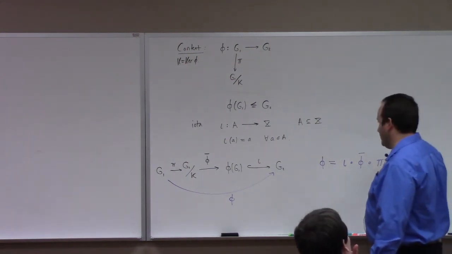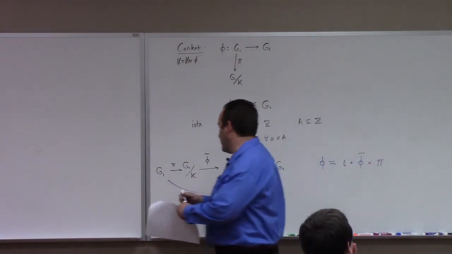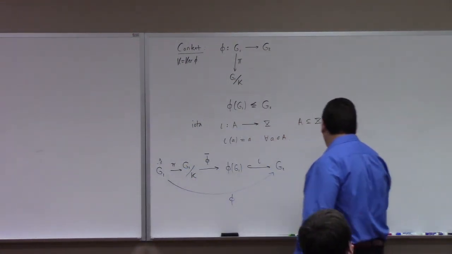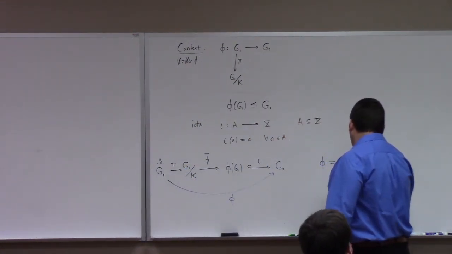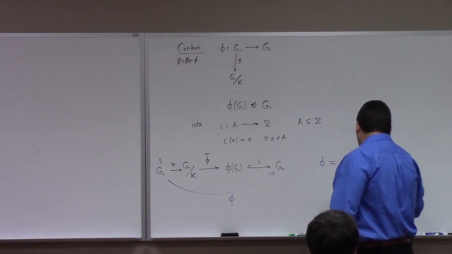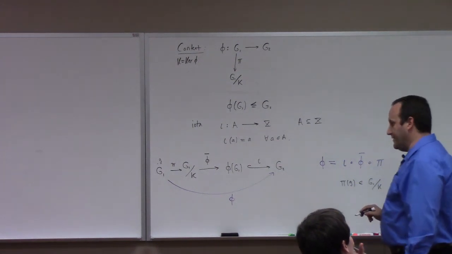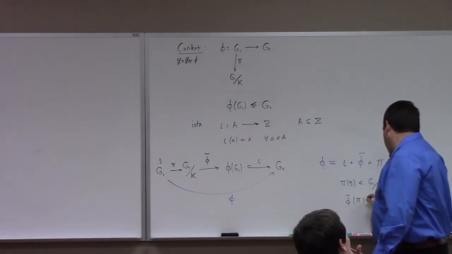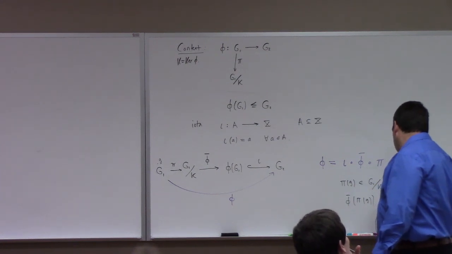So I start with a point, like G. Then pi of G is an element of G mod the kernel, right? And then I take phi bar of pi of G. That gives me an element of phi of G1.